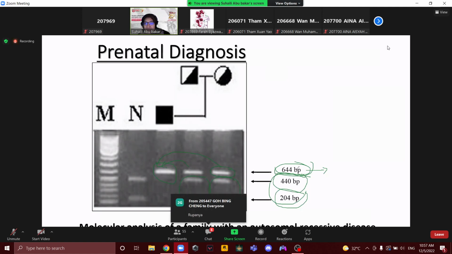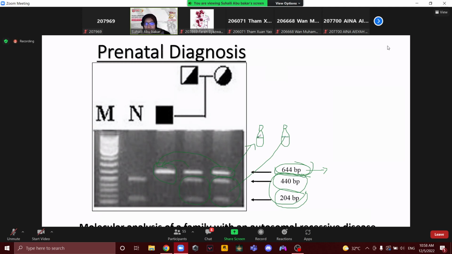Uncut means the sequence has no recognition site of the enzyme. This comes from one homologous chromosome. This one also comes from one homologous chromosome. But, for example, somewhere here in this sequence, there is a recognition site by the enzyme.